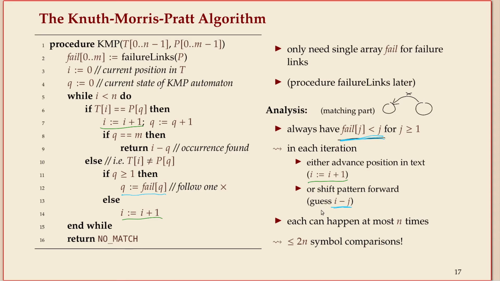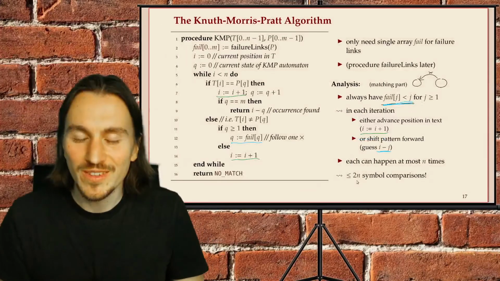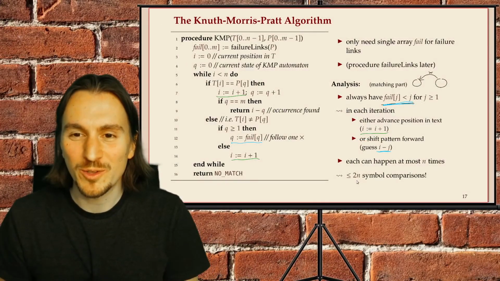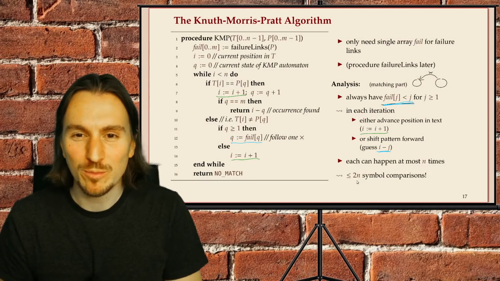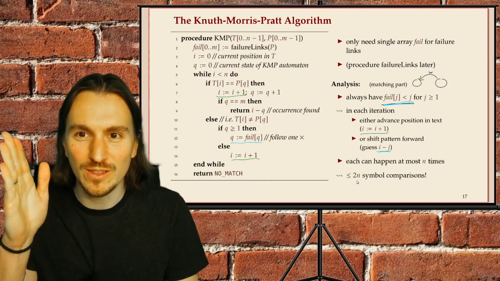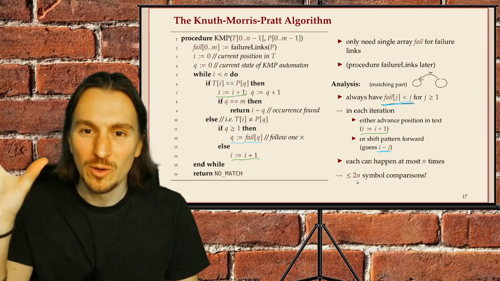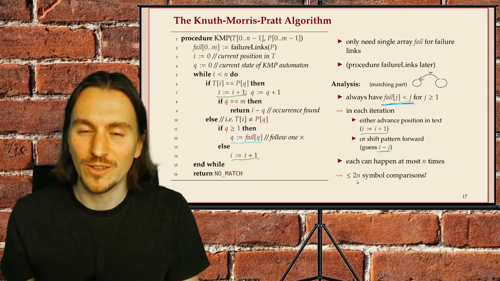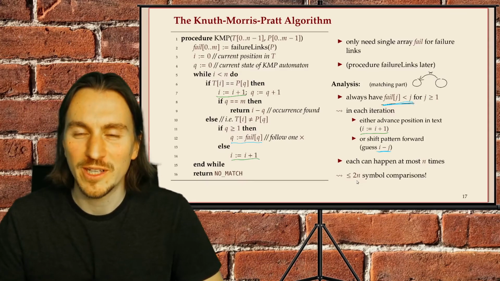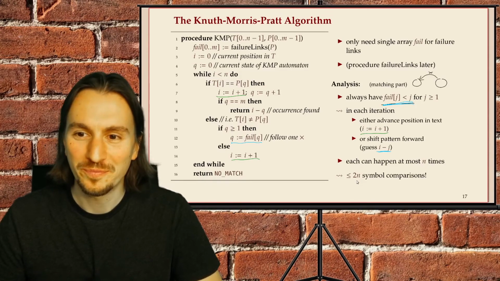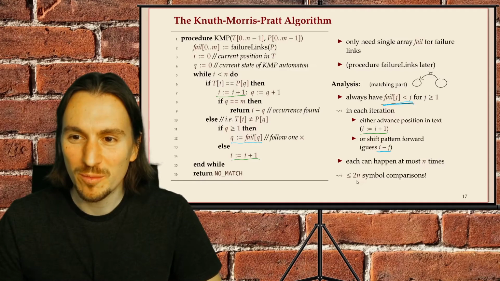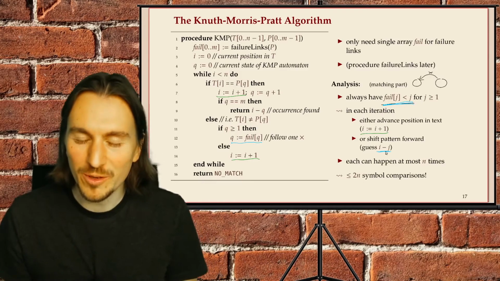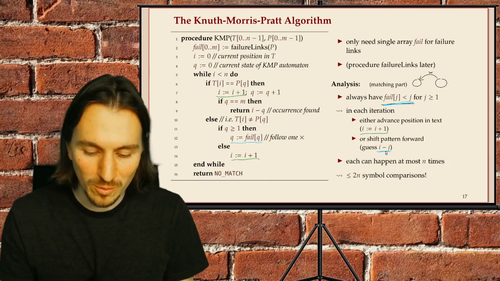So the entire loop can only be executed at most 2n times by simply observing that each iteration in the loop makes progress, either by moving to the next character in the text or by shifting the pattern along the text forward by at least one position. So both the green and the blue can only happen n times, and we do at least one of these.